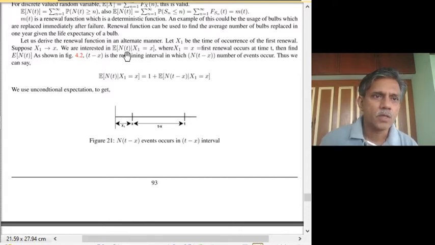So supposing the first renewal, let us look at this figure. We are interested in finding m of t at time t, that is, the expected number of renewals that would happen by the time t. Let the first renewal take place at a time x less than t.